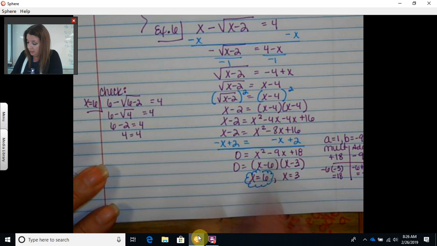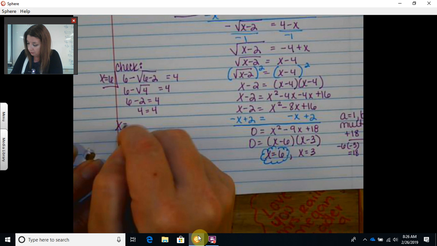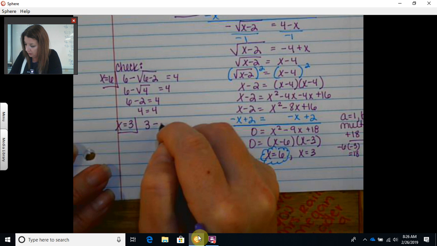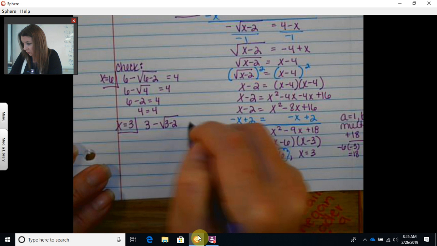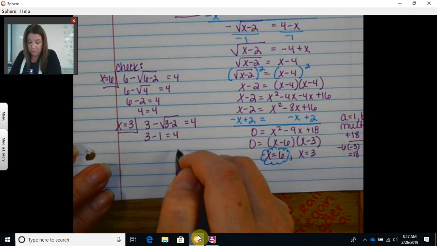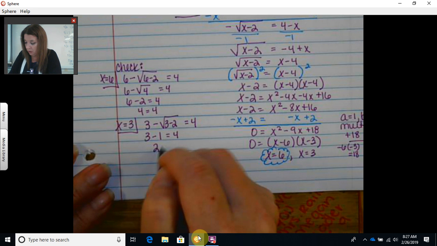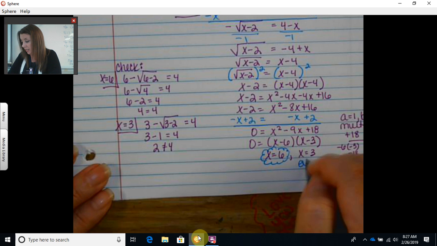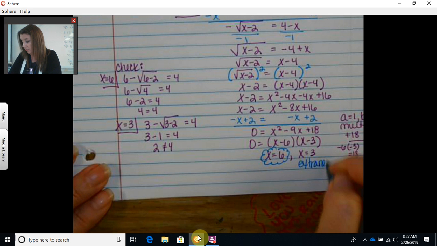So that would be 3 minus the square root of 3 minus 2 equals 4. So 3 minus, we know 3 minus 2 is 1. What's the square root of 1? 1. What's 3 minus 1? Does 2 equal 4? No. So 3 is extraneous. Not a solution.